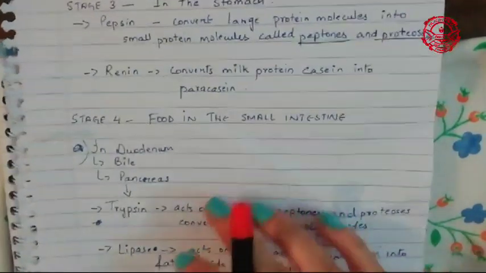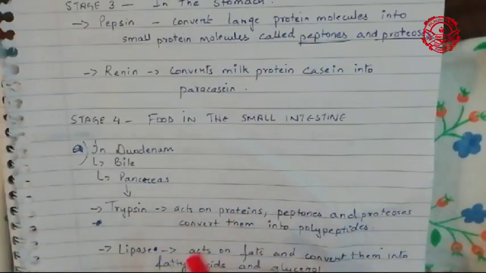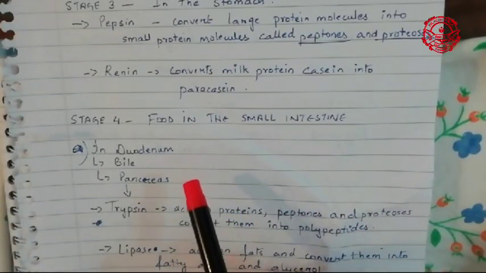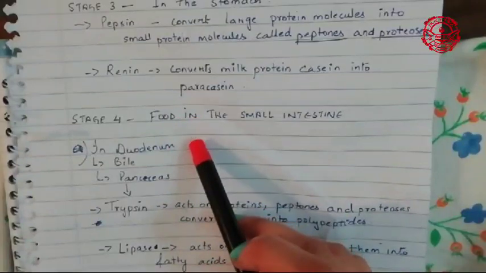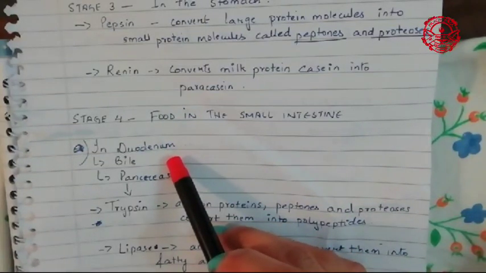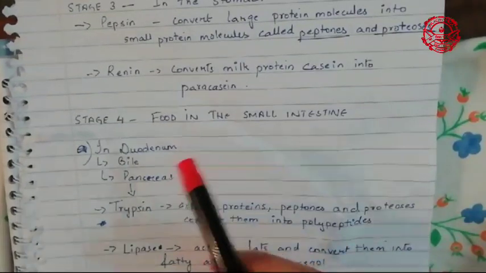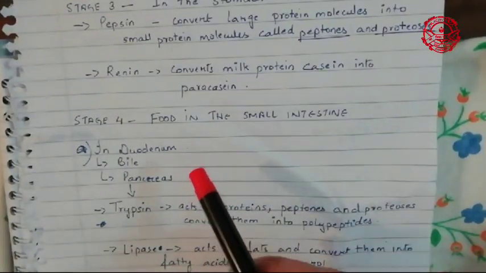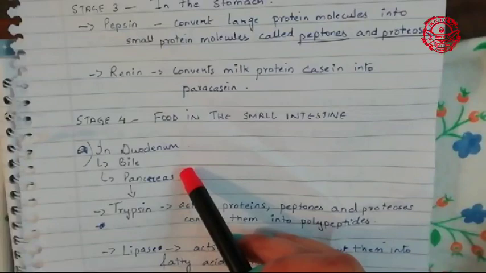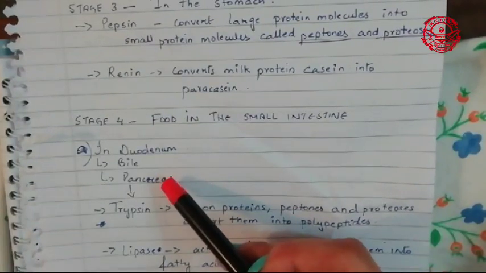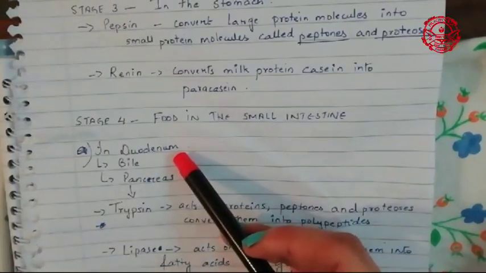So first we'll move on to your duodenum. Okay, so your duodenum contains bile juice. That is, the beginning part of your small intestine is your duodenum. This duodenum contains bile juice that you get from your gallbladder. Remember, the liver will secrete bile juice, and then it will go to your gallbladder, and then it will go to your small intestine, that is, the duodenum.